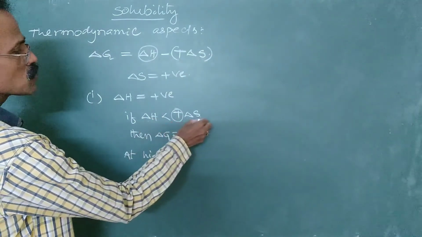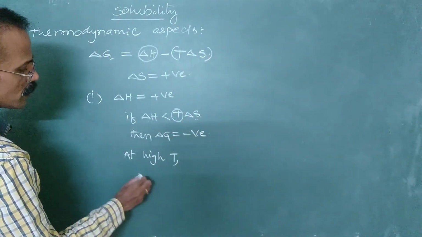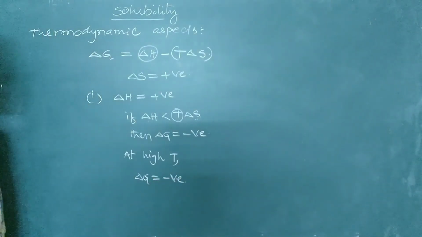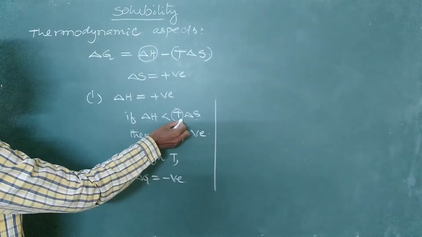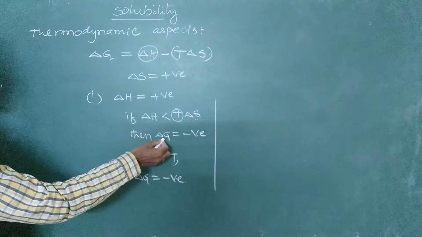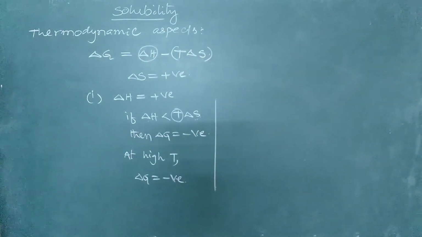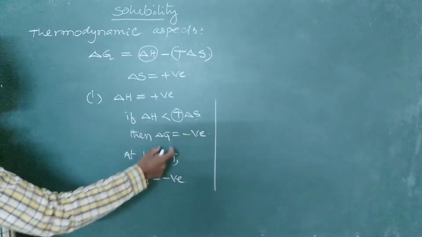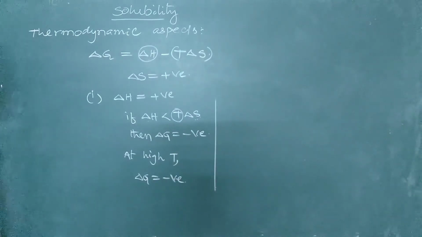Delta H becomes less than T delta S, delta G becomes negative, and the dissolution process occurs. And if temperature is low, then delta G becomes positive. In that case, the dissolution process will not take place.